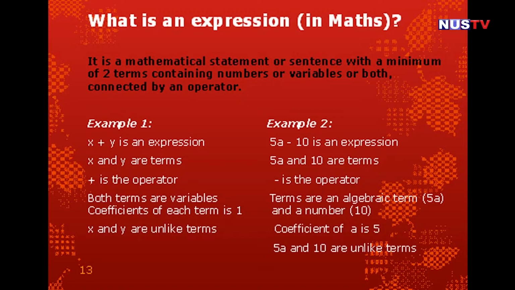The terms are 5a, which is an algebraic term, and the number 10, which is a numerical term. The coefficient of a is 5. Remember what the coefficient is? The number before the variable. 5a and 10 are unlike terms.